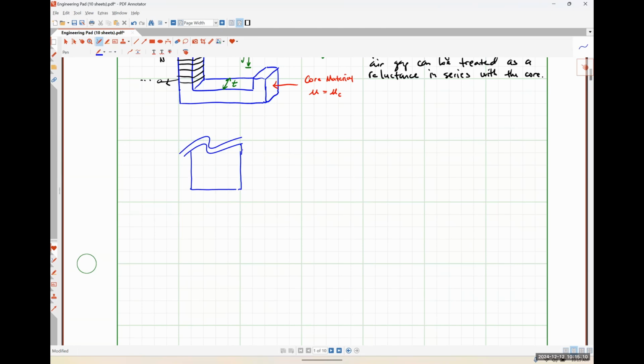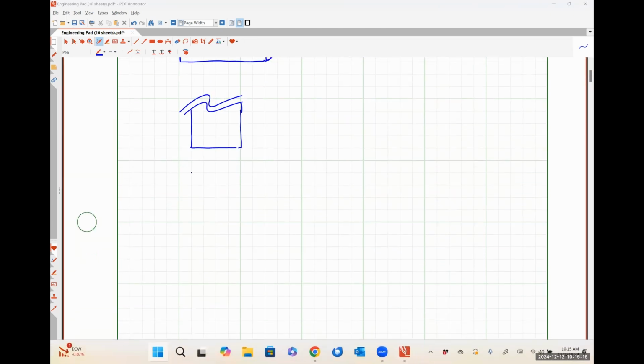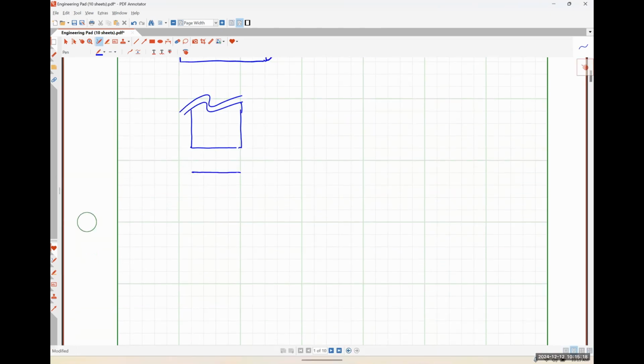And these squiggly lines are just saying I'm cutting this off because I'm not interested in what's going on elsewhere. And I'm going to have something fairly similar down here as well, right? So between these two faces of our core is our air gap.